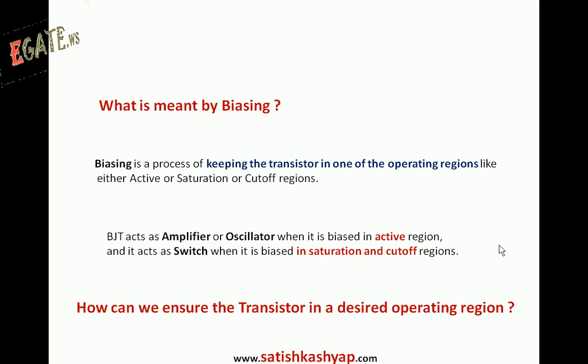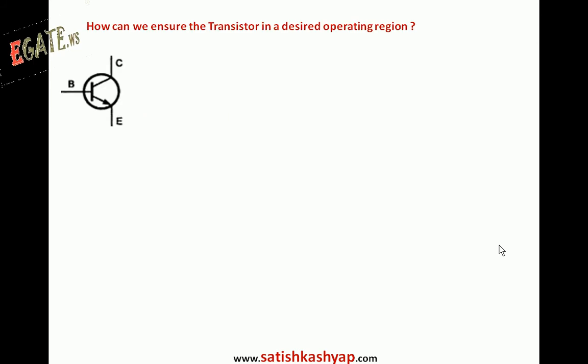So how do we ensure the transistor is in a desired operating region? We know that every transistor consists of two junctions: the emitter base junction and the collector base junction. A PN junction is simply a diode, which can be either forward biased or reverse biased by applying voltage across it.